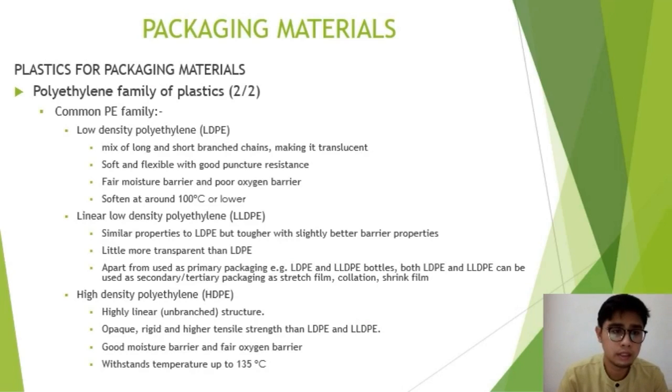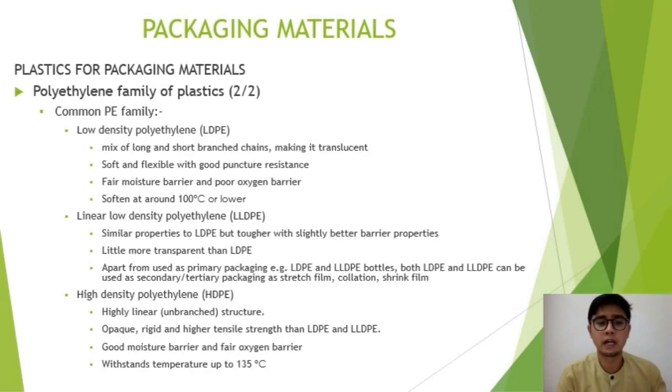The third common family of polyethylene is the high density polyethylene, or we call HDPE. HDPE has a highly linear structure, and it has a highly unbranched structure, which makes it opaque, rigid, and higher tensile strength than LDPE and LLDPE. It has also a good moisture barrier and a fair oxygen barrier.